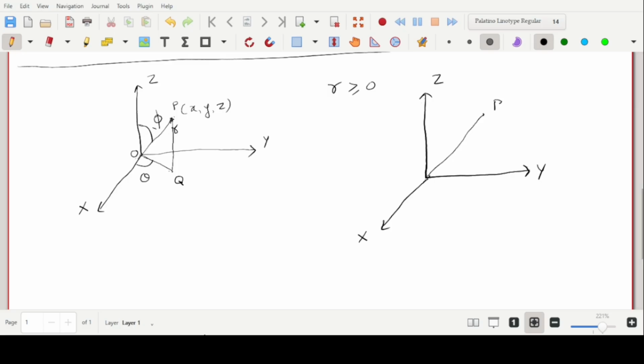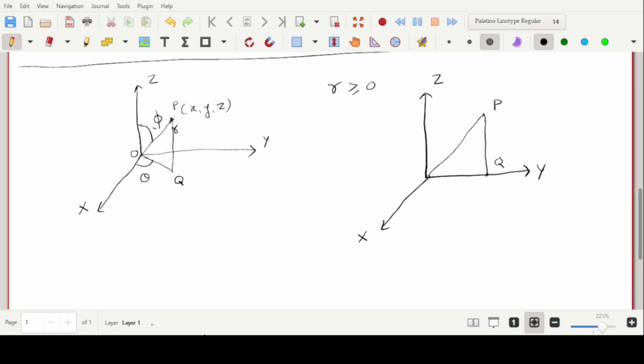P is in the YZ plane, and therefore when we drop a perpendicular from this point, Q lies exactly on the y-axis, because we know that our point of intersection Q is in the xy plane.